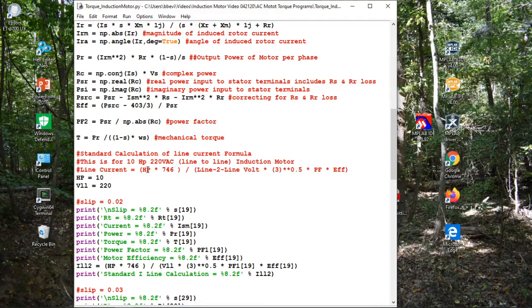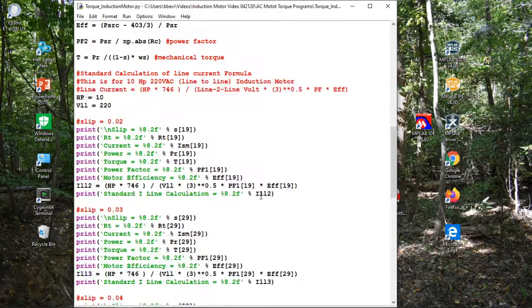There's a standard formula for estimating the line current, okay? And essentially it's this. If you know the horsepower, and you know the voltage line to line, then the line current can be approximated by the horsepower times 746, because it's 746 watts per horsepower, divided by the line to line voltage, which in our case is 220, multiplied by the square root of 3 times the power factor times the efficiency, okay?